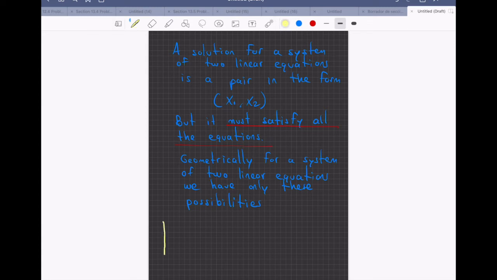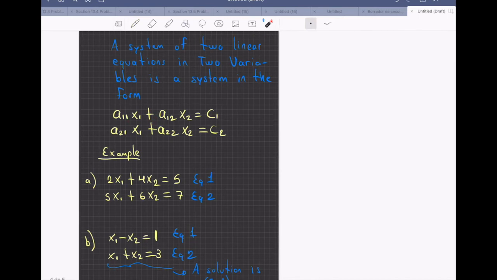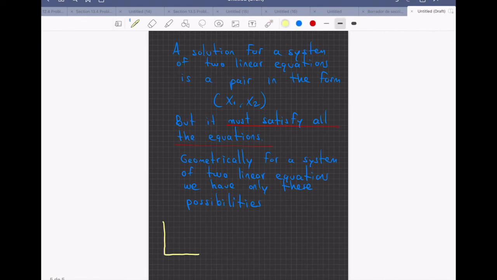Notice, geometrically, this is not very complicated once we have understood that every linear equation represents a straight line. And since we have two equations, then we have two straight lines. If we have two straight lines, the only possibilities for the solution of a system of two linear equations are the next ones. Number one, we have only one solution.